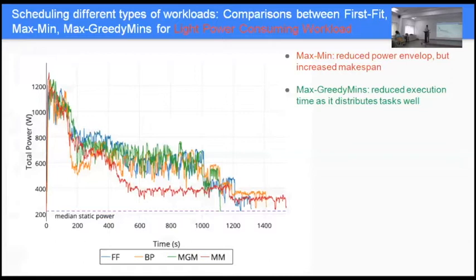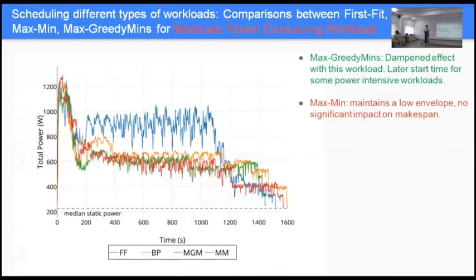So as long as it's light, it's okay. But what happens is when it is moderate, like it's not very high peaking, we see some dampened effect with the max greedy mins out here. And max min continues to maintain a low envelope.